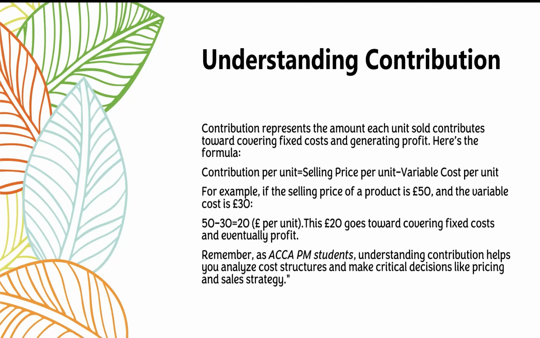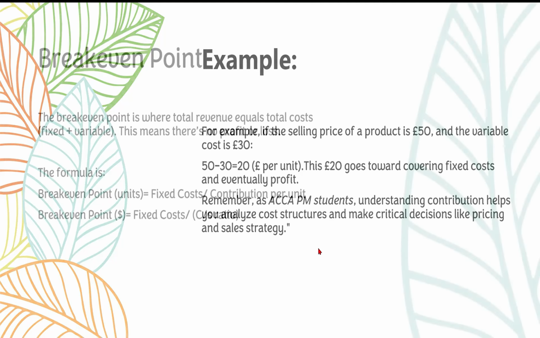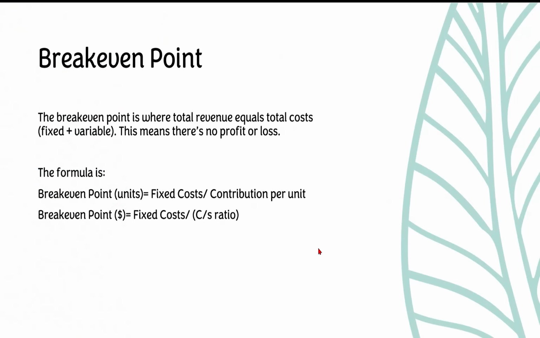For example, if the selling price of the product is 50 and the variable cost is 30, then deducting 30 from 50 leaves 20, and this is the contribution that goes toward covering the fixed cost and eventually the profit.